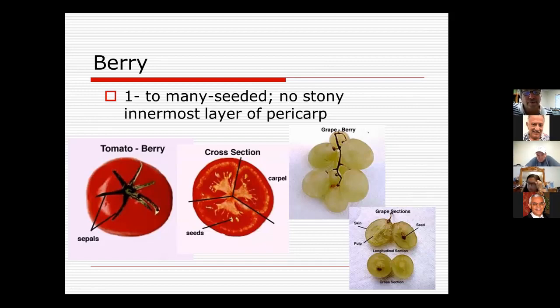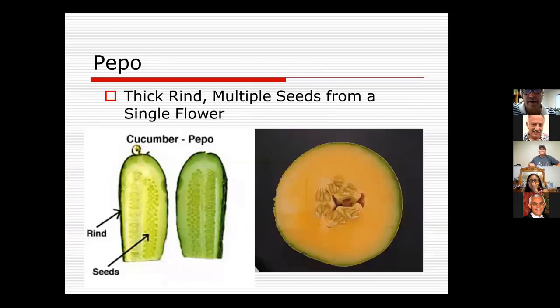And so a tomato is actually a form of berry. We don't think of it that way. Or a grape is a form of a berry. They all do have seeds, one or multiples inside, but the interior of the endocarp is soft. A pepo is going to be your cucurbits: cucumbers, melons, squash, relatives in that group.